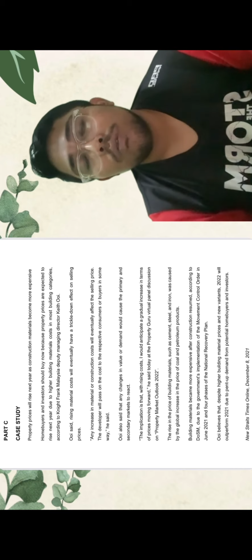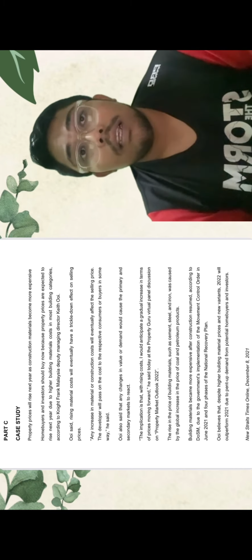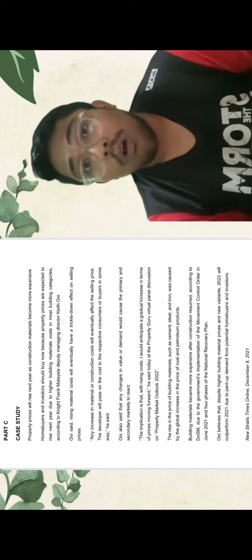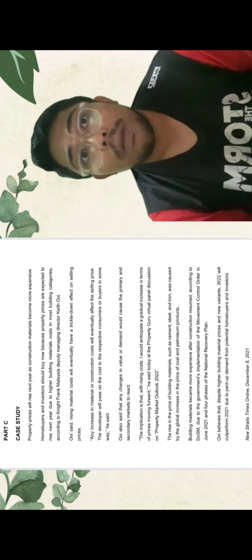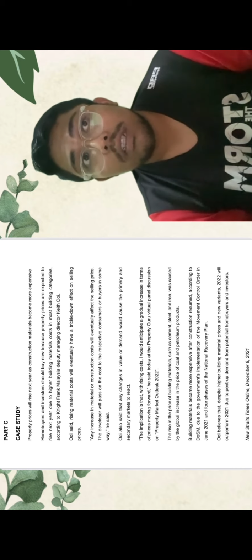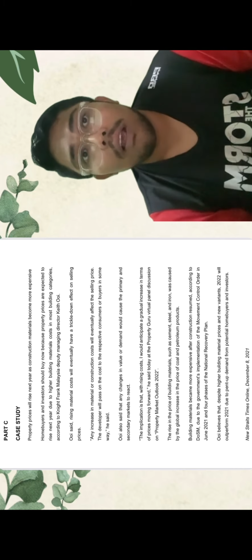So we go to Part C. Case study: Property price will rise next year as construction material become more expensive. Home buyers and investors should buy now because property prices are expected to rise next year due to higher building material costs in most building categories, according to Knight Frank Malaysia Deputy Managing Director Kit Oil.